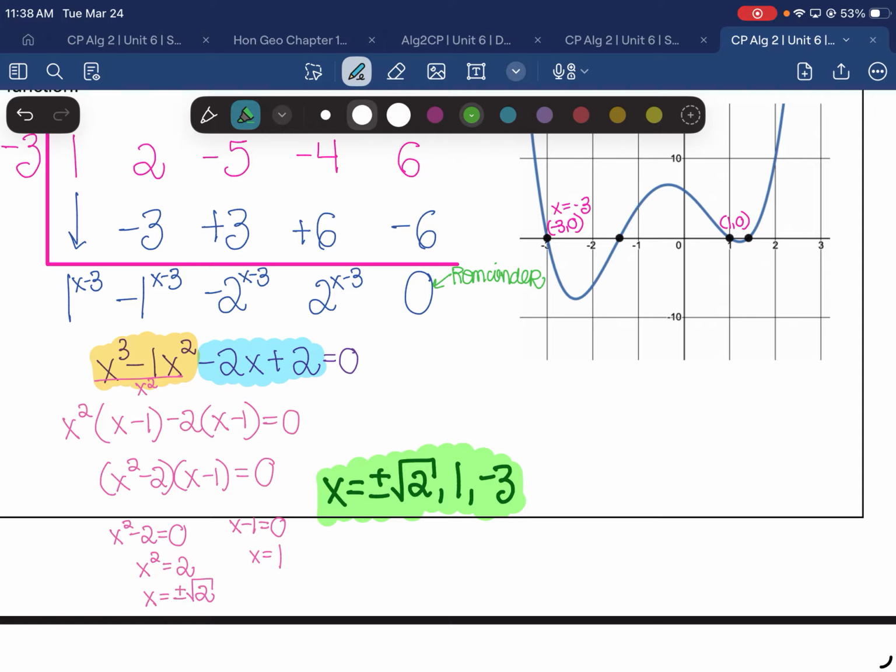Olivia, what'd you get? 1.4. Oh, okay, so does that look about 1.4? Yeah? I have the positive and I have the negative. So Olivia, does that look about negative 1.4? Yeah, it does. So your answer should make sense with what you see on your graph. You just couldn't assume that.